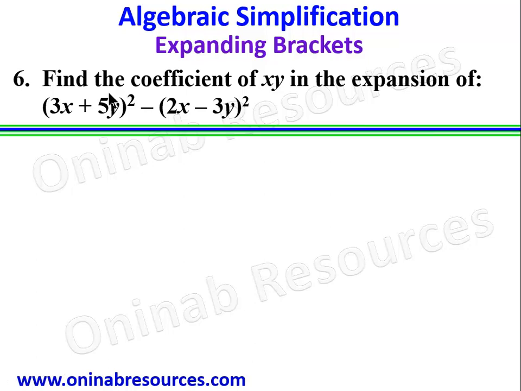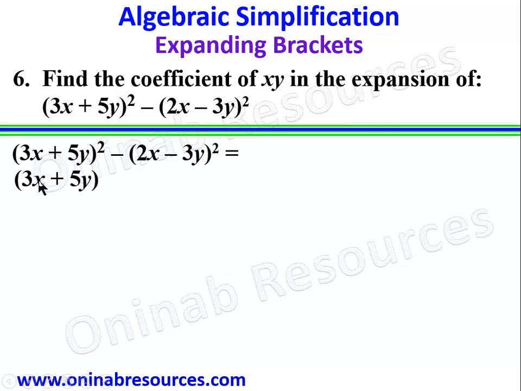So starting from this, 3x plus 5y squared. So that's 3x plus 5y into 3x plus 5y, then minus 2x minus 3y times 2x minus 3y.